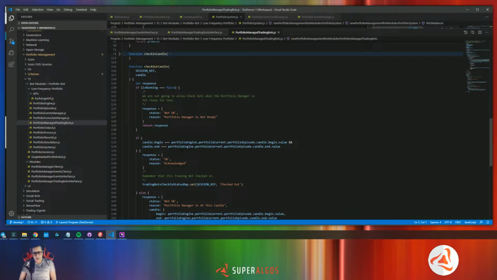Does a check-in, asks a lot of questions, and then it does a checkout.